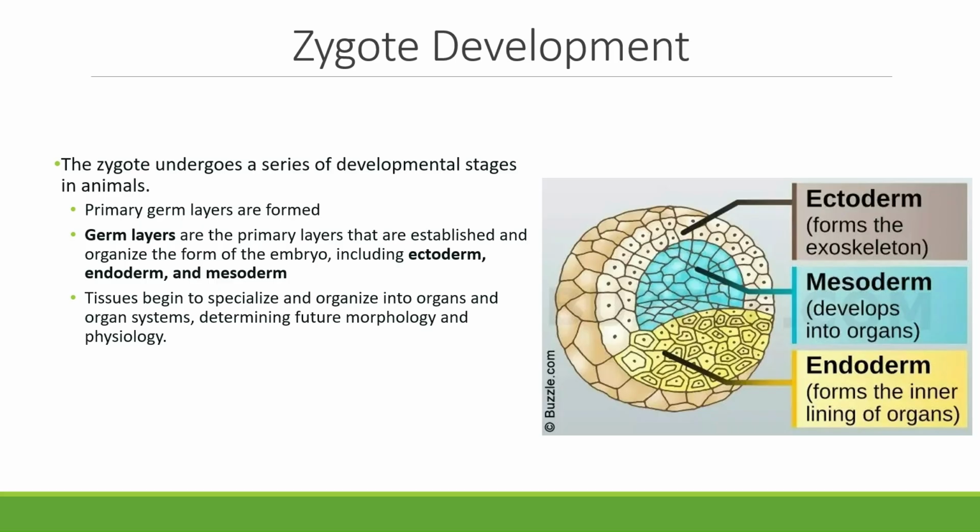The formation of these layers sets the stage for a process called gastrulation, the next major step that creates the primitive gut and establishes the body's basic architecture. So you'll see how this sequence of events plays out and explains why every animal ends up with a particular or fixed body plan that's determined in this early development.